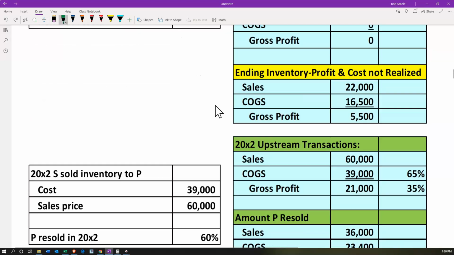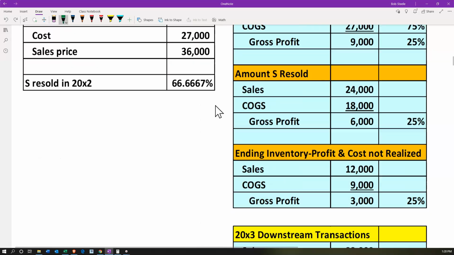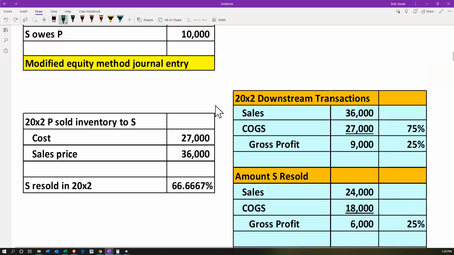So let's just go through this real quick and say, okay, how are we going to figure this out? We're going to put these together, taking this information from our table. All right, we've got the 2000x2 downstream transactions. We said in our data that in 2000x2 P sold inventory to S. That's downstream because it went from parent to subsidiary, for the 36.